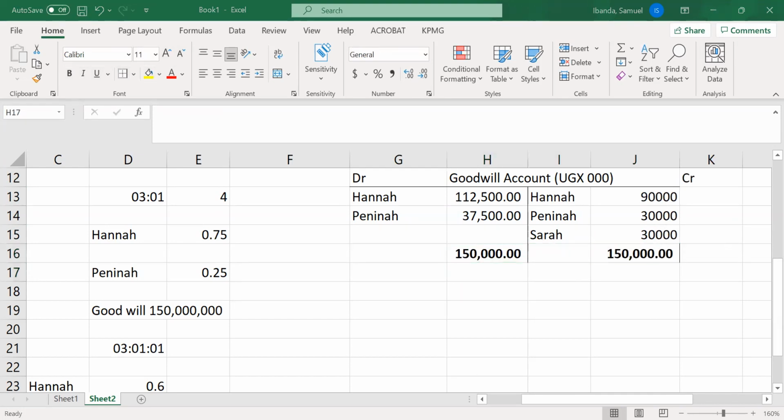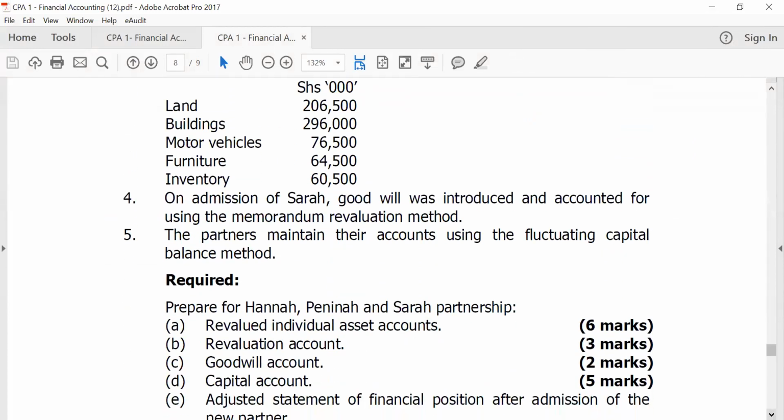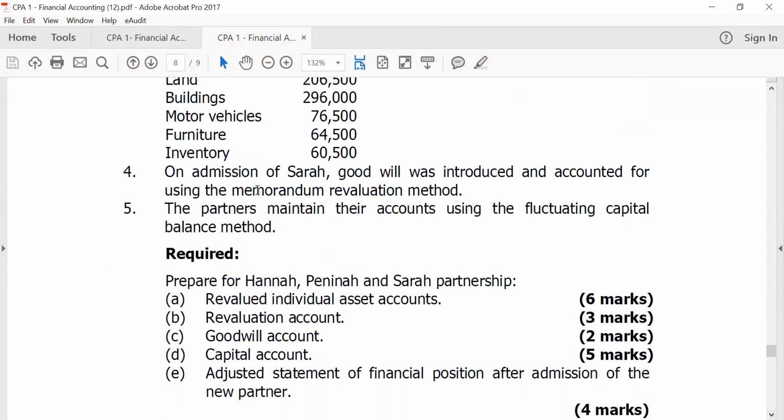But I just want to comment on something here. There is something here that the examiner brought up.